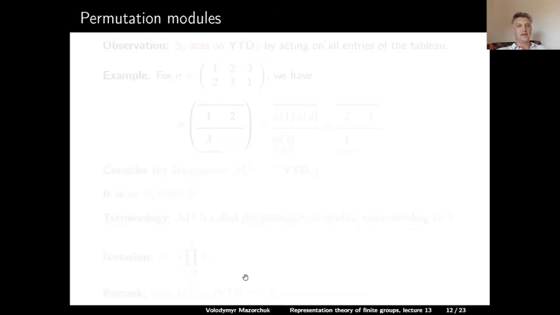Now we can define the main protagonist of today's lecture. These are the permutation modules. Similarly to the previous slide, Sn acts on the set of all Young tabloids of shape lambda.